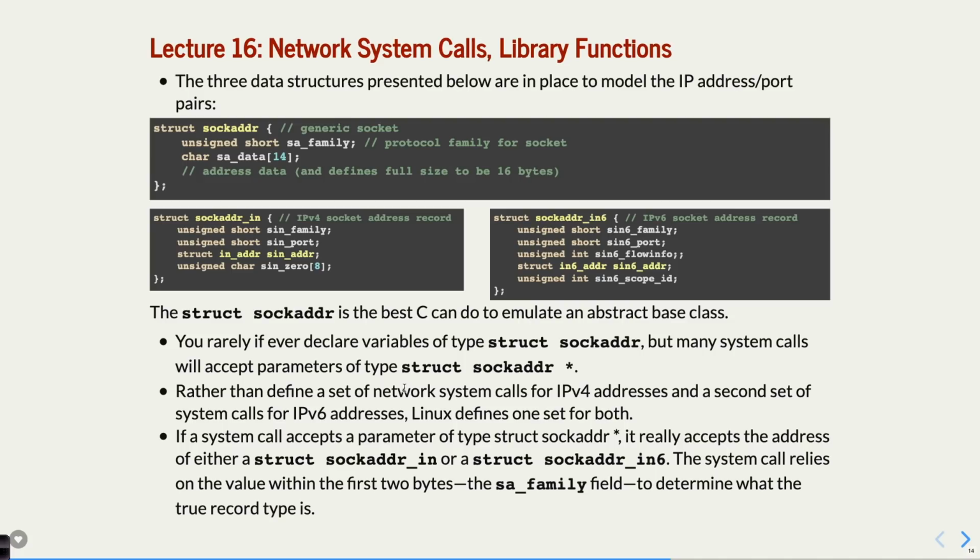And Linux actually does kind of one set for both because they want to make it generic. What you're going to have to do, and we'll see this when we actually write the code, is some casting associated with these to get the right value out. If you remember from CS 107, all of that casting you would have had to do when you did generic functions.